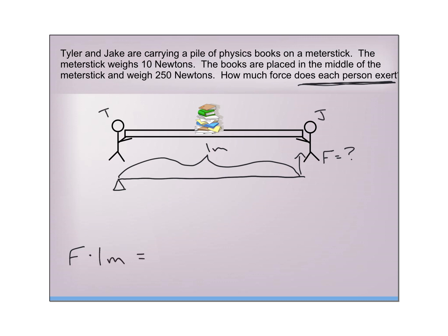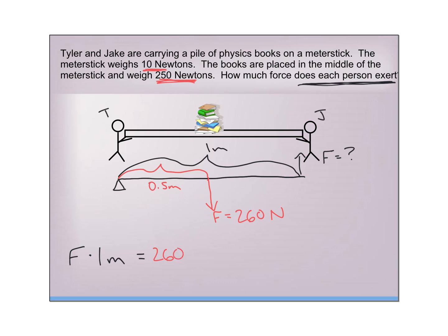F times 1 meter, that's going to be the upward force. The downward force is going to be a lot like the first problem that we went through earlier. I'm going to have a downward force here of 10 newtons plus 250 newtons for the stack of books. So it's going to be 260 newtons at a distance of 0.5 meters.